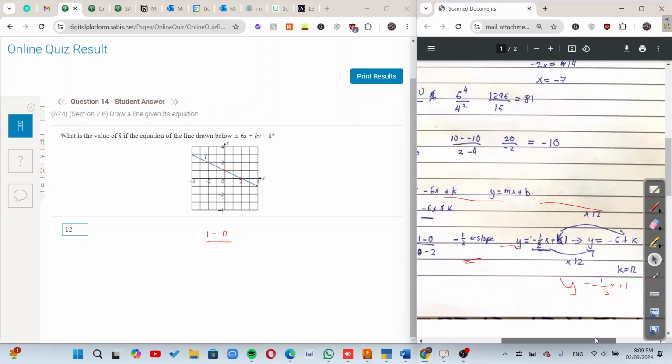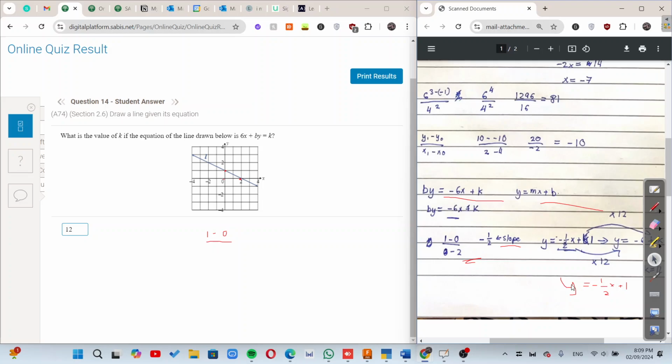So now that you have your equations, you need to find out how this x turned into the negative 6 you have up here. You could find that you need to multiply negative 1/2 by 12 to get negative 6.